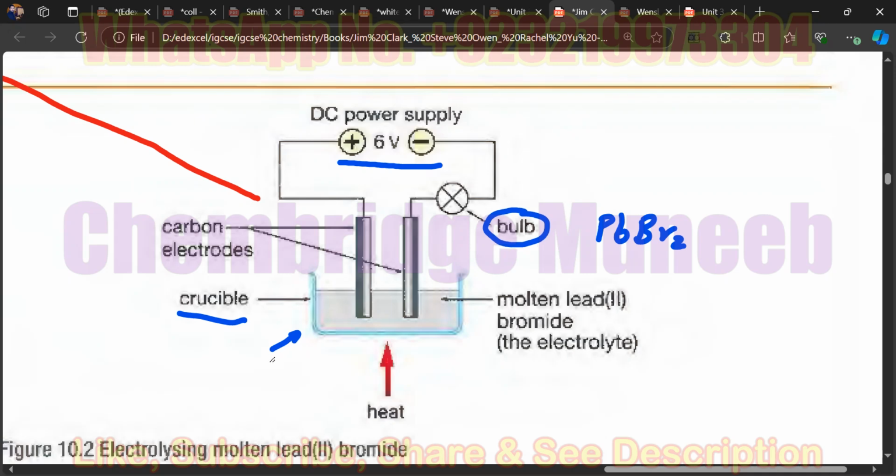What is the purpose of this bulb? Is it to make sure that electricity is going through the reaction happening? Exactly.